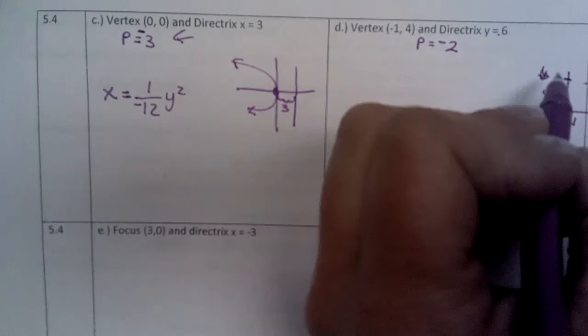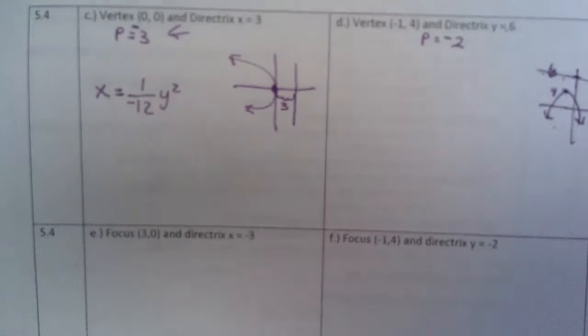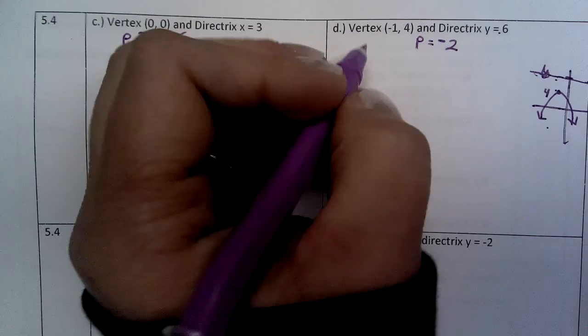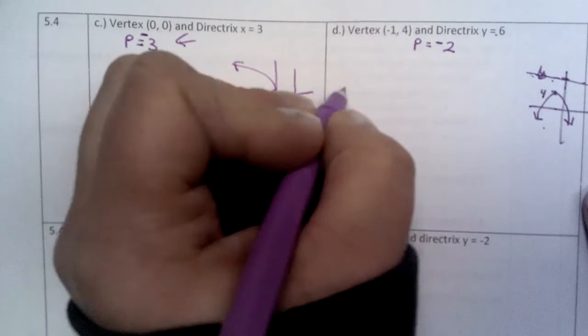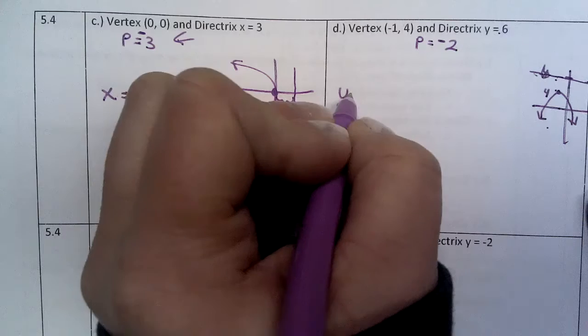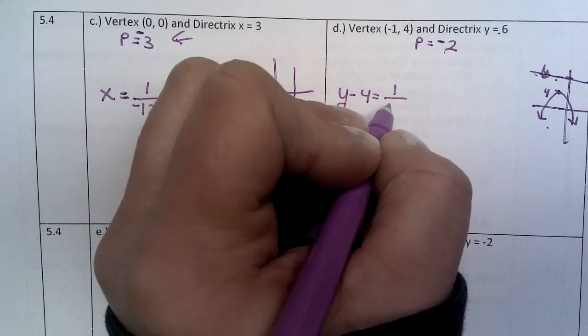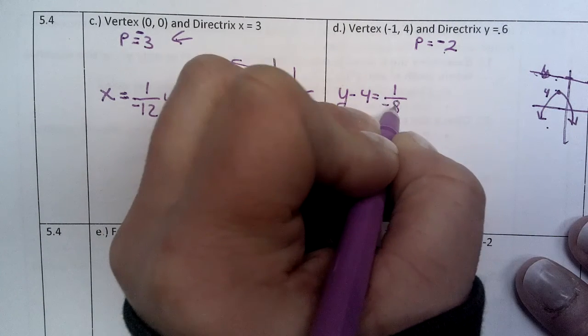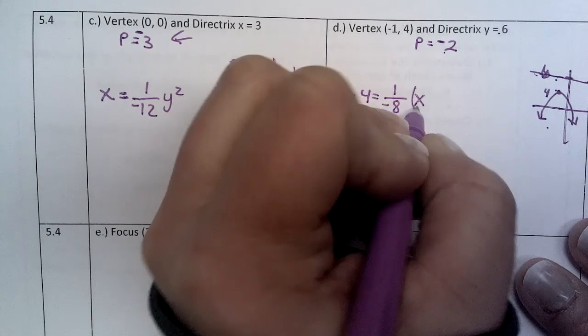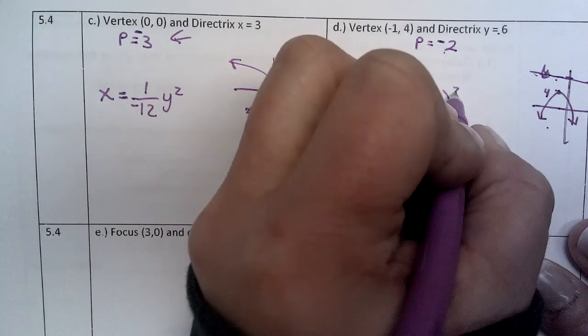So remember, it always opens away from that directrix. Now I can plug this in. It opens down, which means it's going to be a y. So that's y minus 4 equals 1/4 times -2, which is -8, and then we have x plus 1 squared.